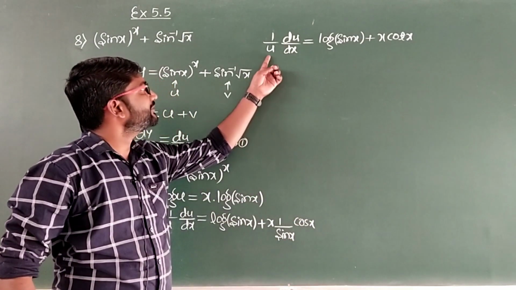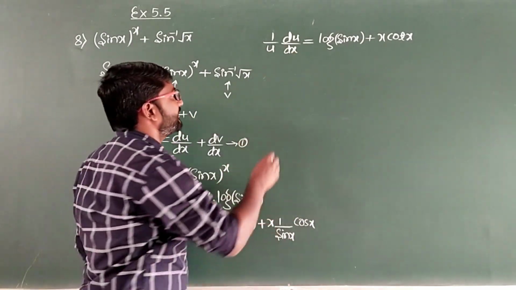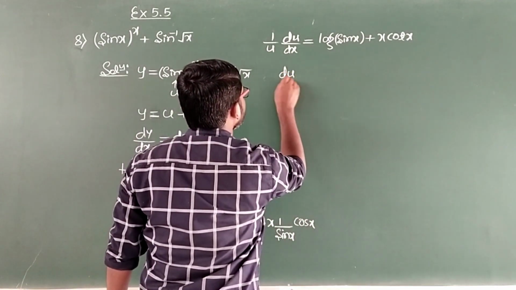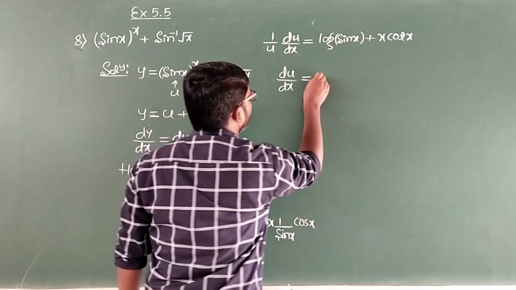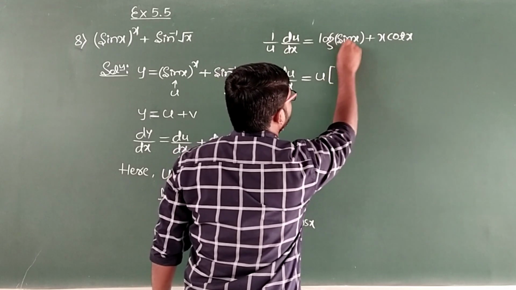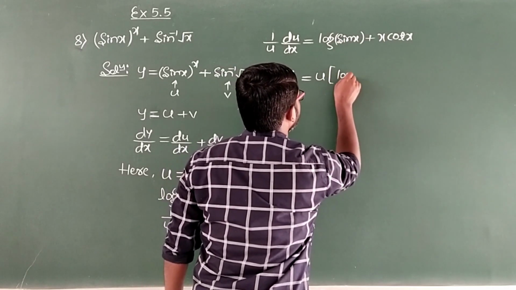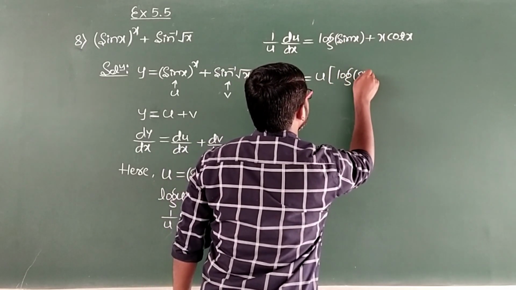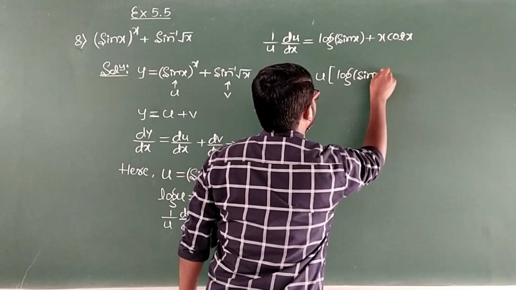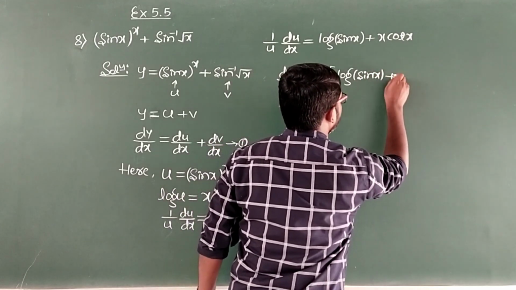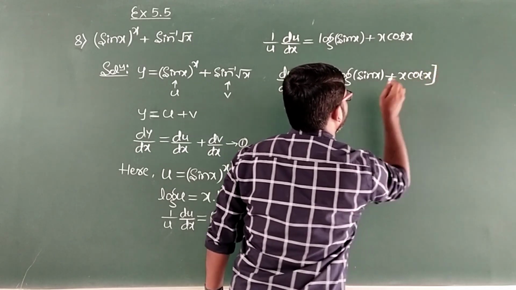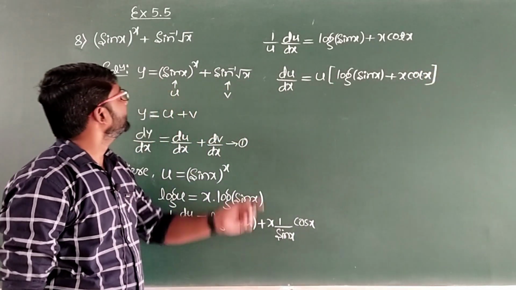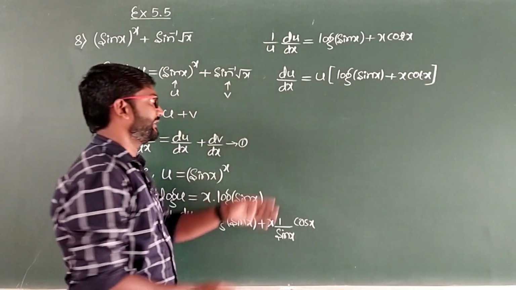Now take u to the right hand side, it goes to the numerator. du by dx is equal to u into log sin x plus x cot x. Now replace u. What is u here? Sin x to the power x.